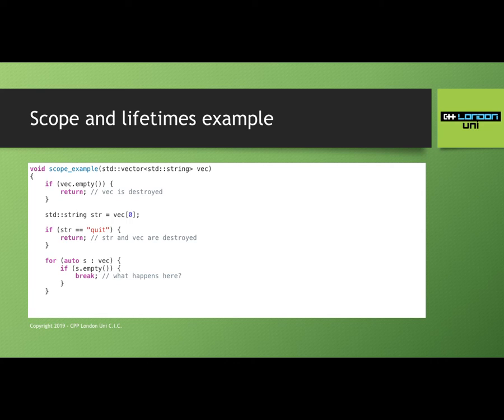Slightly more complicated example now. Got a range-based for loop. So for each string in the vector, auto s in vec, if the string is empty, I'm going to break out of the loop.